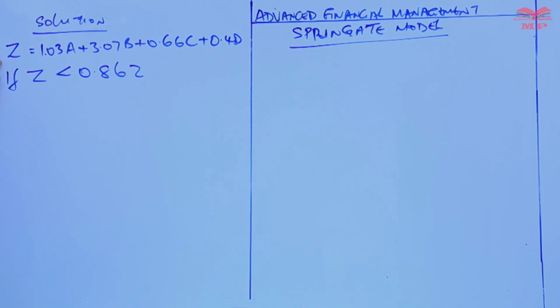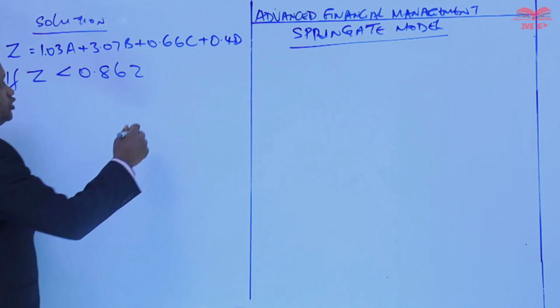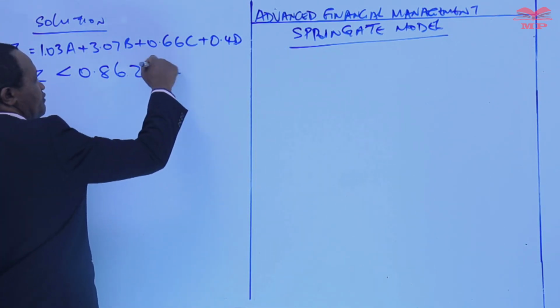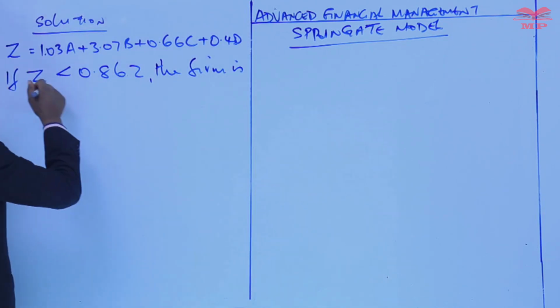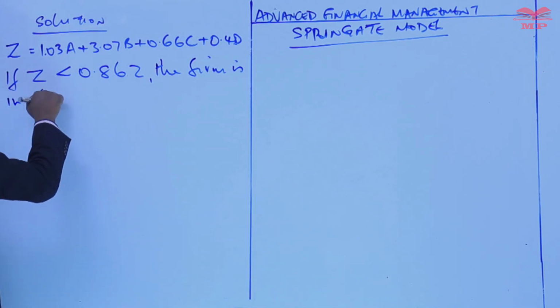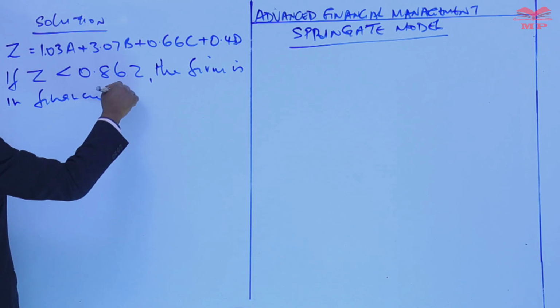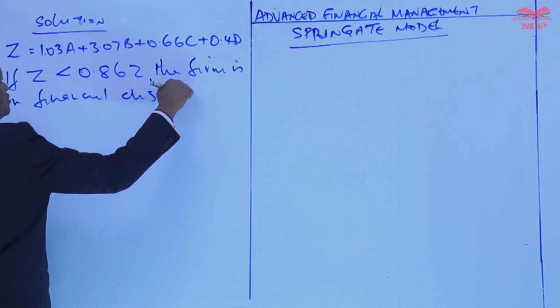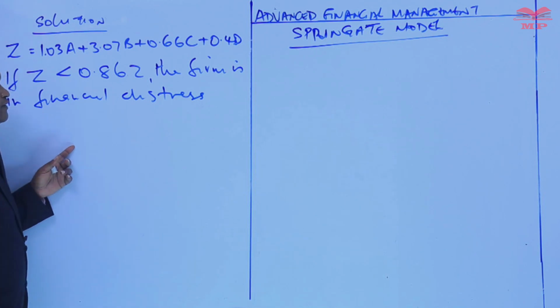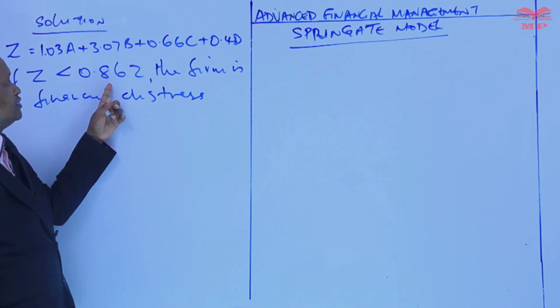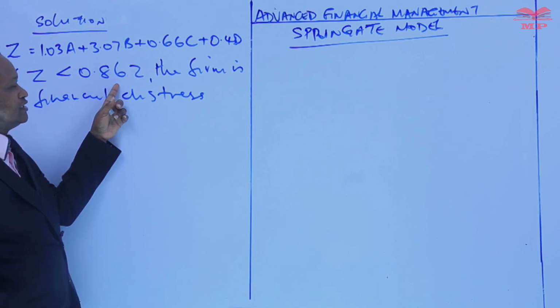0.862, then the conclusion is that the firm is in financial distress. But if the value is more than 0.862, then the company is financially healthy.